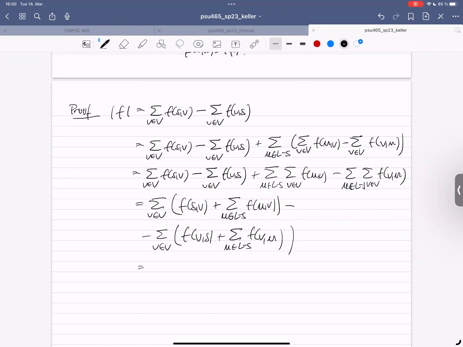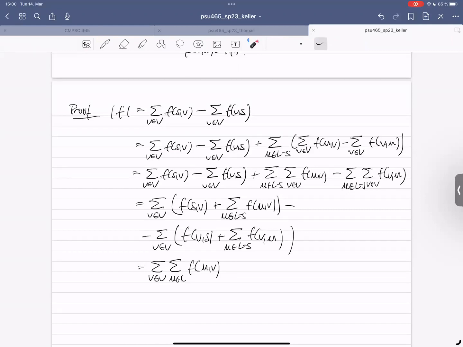Let me write this down, maybe that's clear. So this is simply sum over V and V. And then I take all vertices in L, and I don't make this distinction anymore into S and not S, because I'm using both anyway in a sum. So I'm just saying this is FUV.